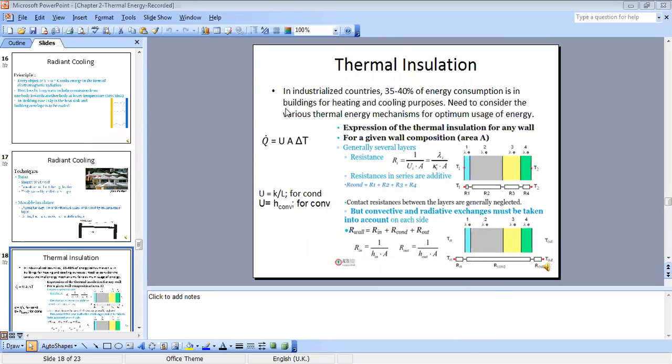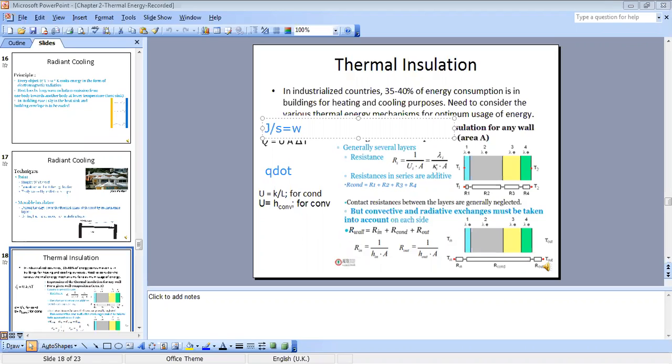We know that for conduction, if you remember from last time, we have seen that the heat flux Q dot, the dot above the letter means the rate of change with time, because the unit of Q is joule, and Q dot is joule per unit time, so it's joule per second.